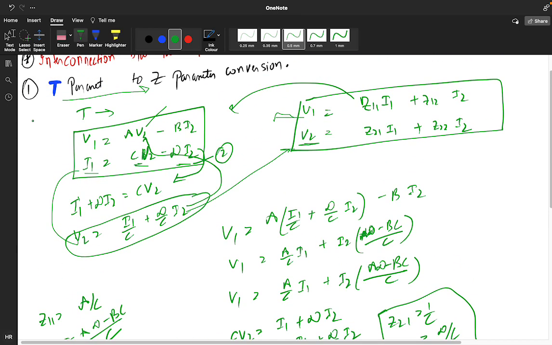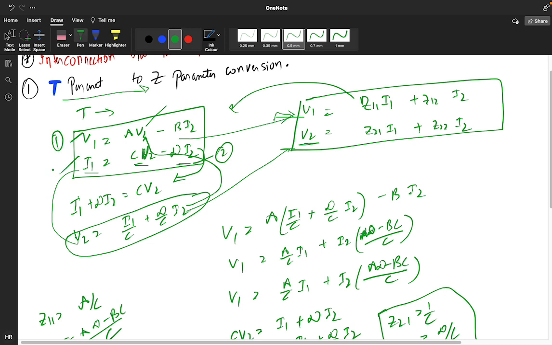What I am trying to say now is, these equations of a transmission line you have V1 is equal to AV2 minus BI2 and I1 is equal to CV2 minus DI2. You just need to convert them into the form like this. Make this equation in the form like this, and you can easily do it with the help of these two equations. This is your equation 1, this is your equation 2.